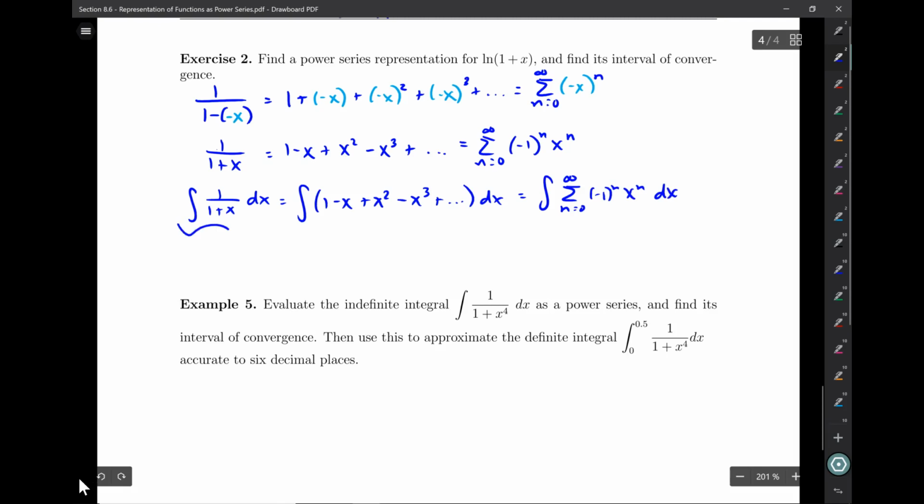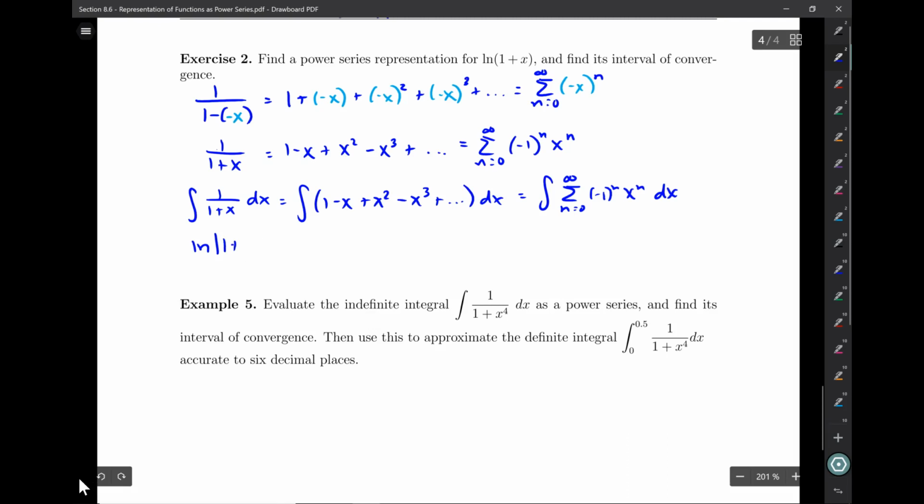Here we go. So we know that the antiderivative of 1 over 1 plus x is going to be the natural log of, now I'm going to do the absolute value in this case because we really do need that. When we take the antiderivative of 1 over x, we get the natural log of the absolute value of that thing.